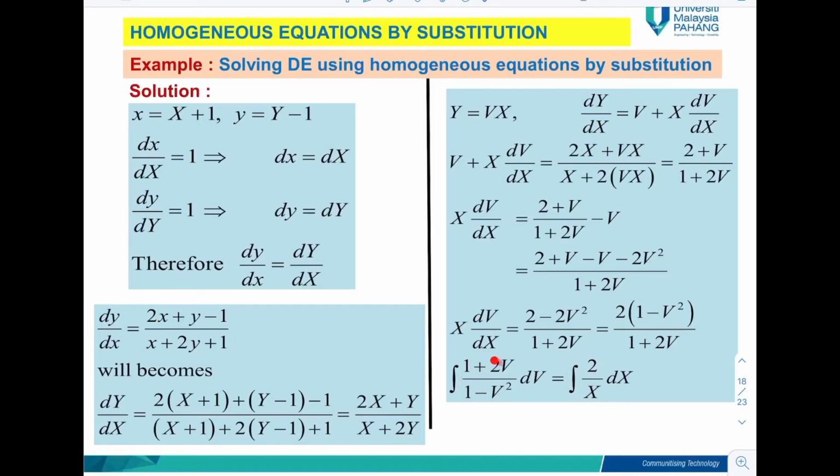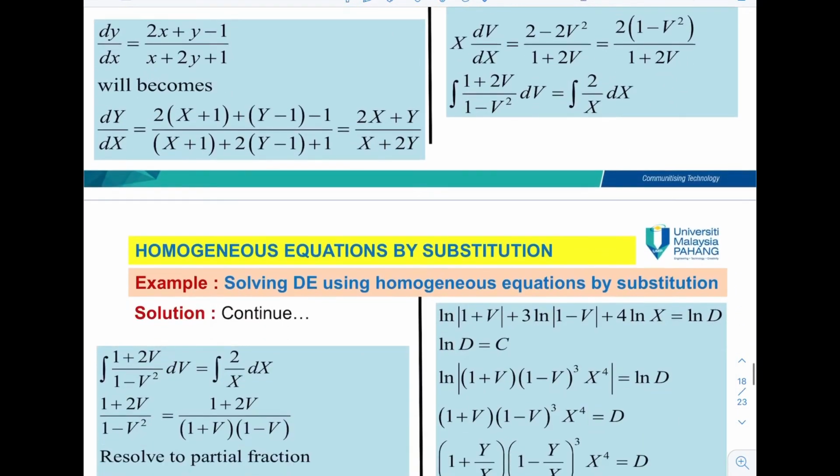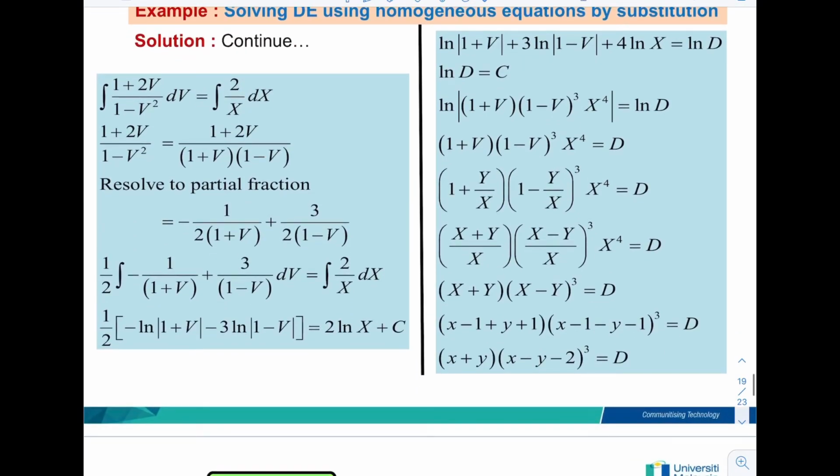Now we focus on the first part, which is this side. If you notice, this one is quite tough to solve, so you have to think really critically and do a lot of practice.